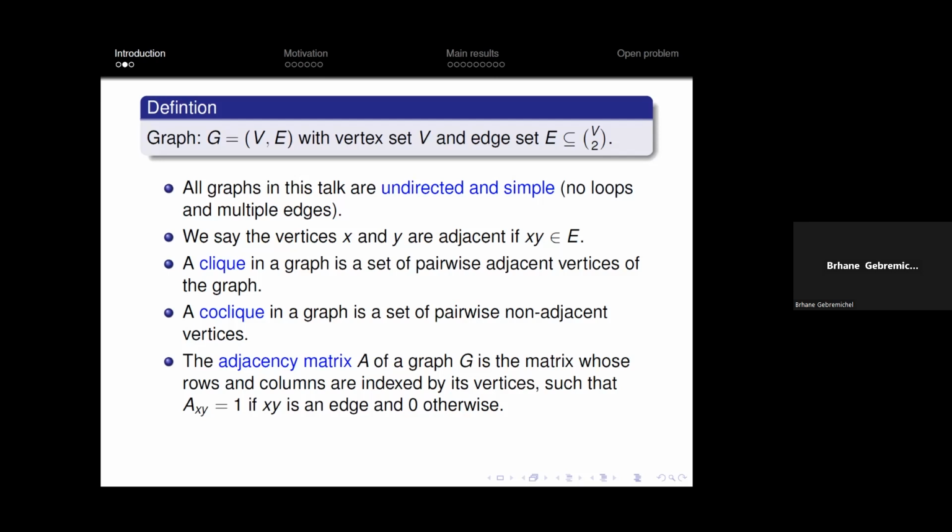The adjacency matrix A of a graph is the matrix whose rows and columns are indexed by its vertices, in which its entry becomes 1 if xy is an edge, otherwise we have 0. So in this case, the eigenvalues of our graph are the eigenvalues of the adjacency matrix.